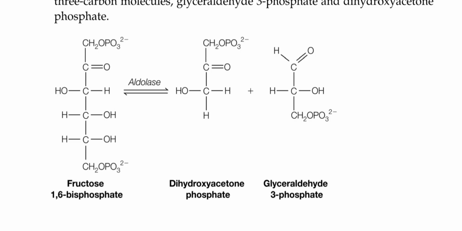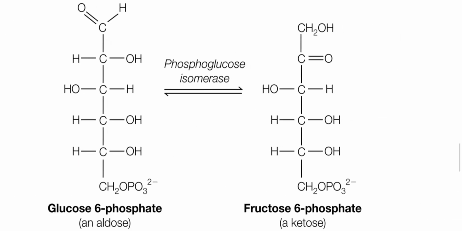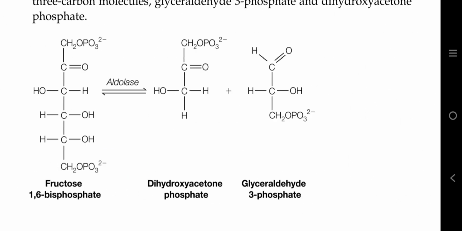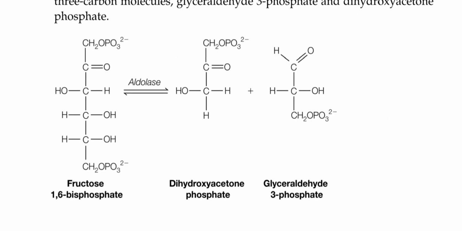So you can see that the significance of the second reaction, the transfer of the carbonyl from the terminal to the interior of the molecule, was to break the bond between the third and the fourth carbon so that the molecule can be split into two. Now the molecules are split into two.